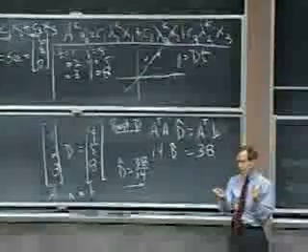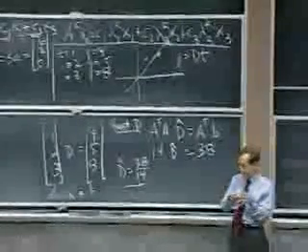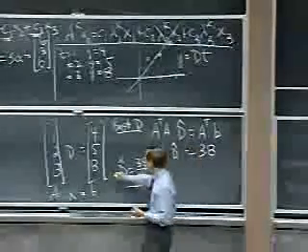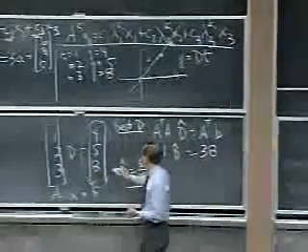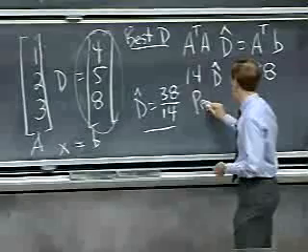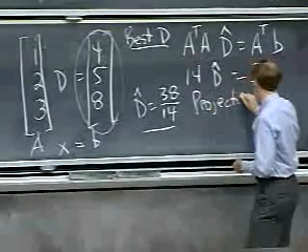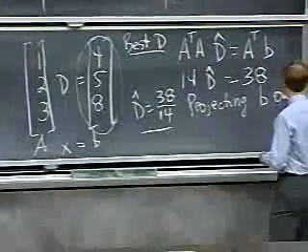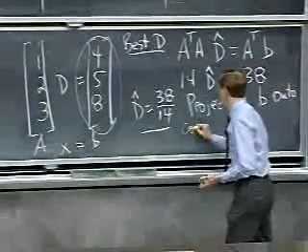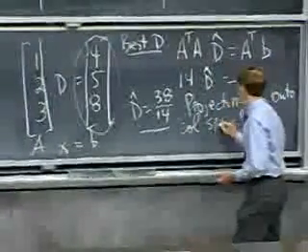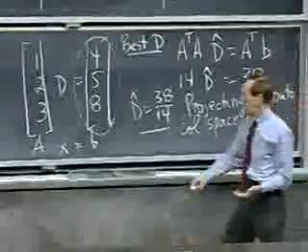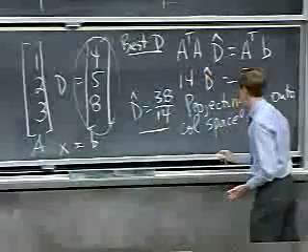So my second picture is a projection picture that sees the whole thing with vectors. Here's my vector, of course, that I'm projecting, that vector b onto the column space of A. Or if you like, it's just a line, that's the line.